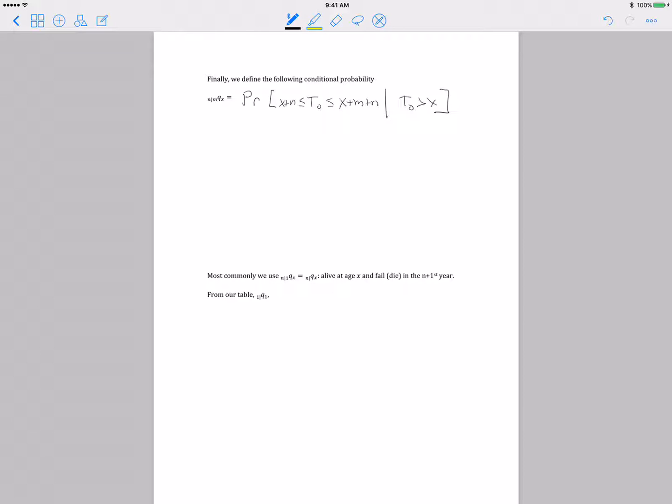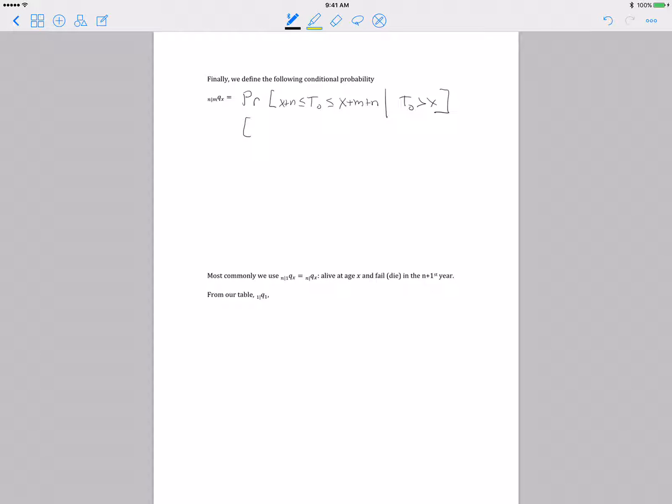So we can actually read it more simply: the probability that age x survives n years, but not n plus m years. Now, since this is a conditional probability statement, we can write it using our rules for conditional probability.